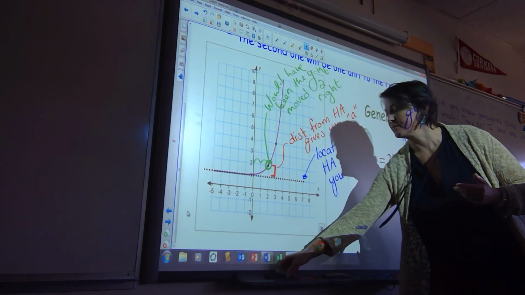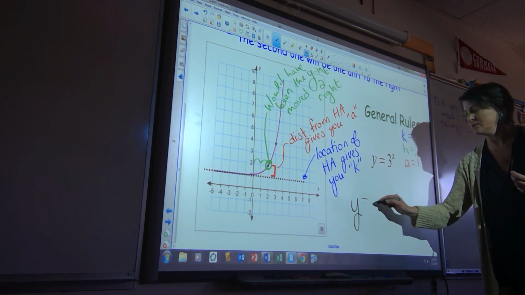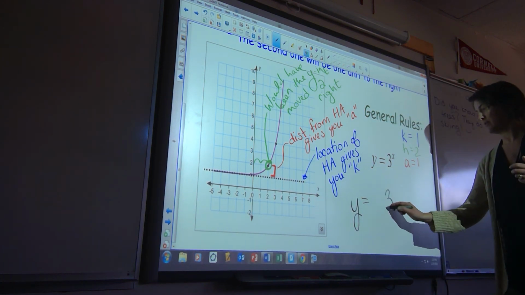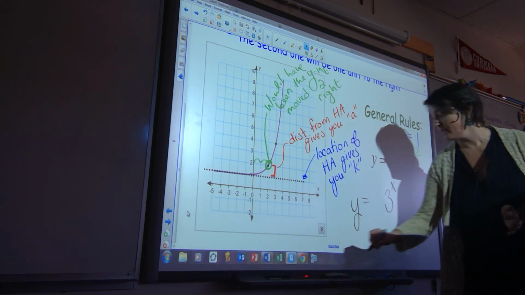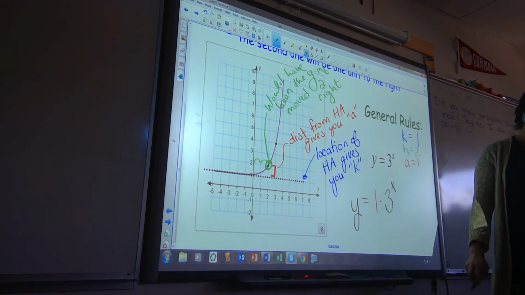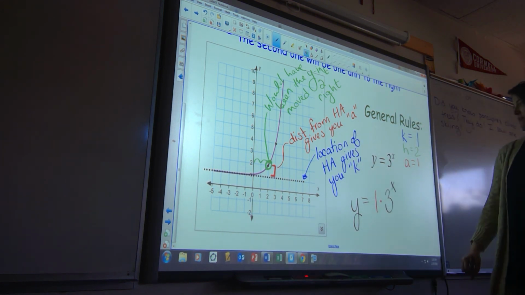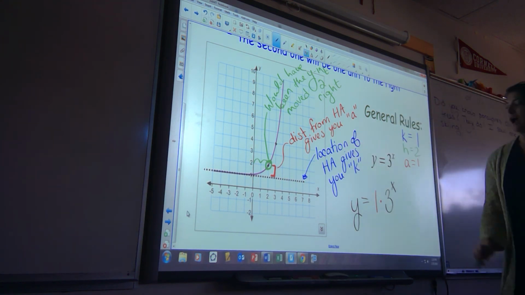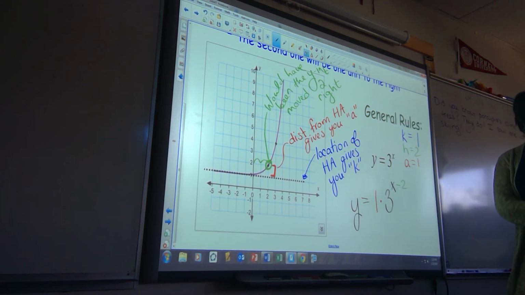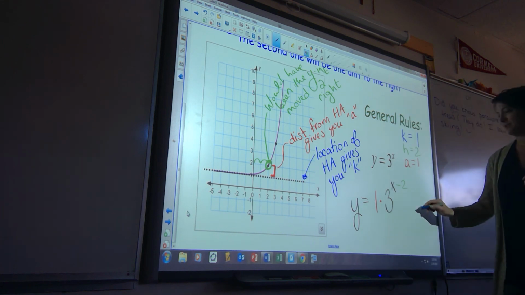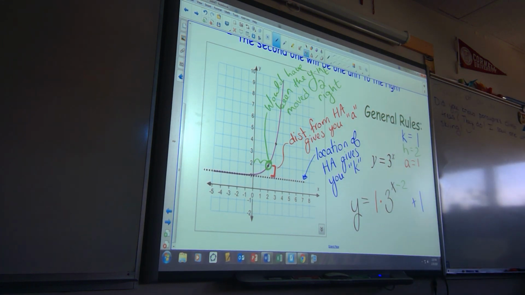So now we can write our equation. Y is equal to, we're going to have a 1 in the front, 1 times, obviously you don't always have to write that, but I'm going to write it in this case. You're going to have an x minus a 2, and then plus 1 at the end.